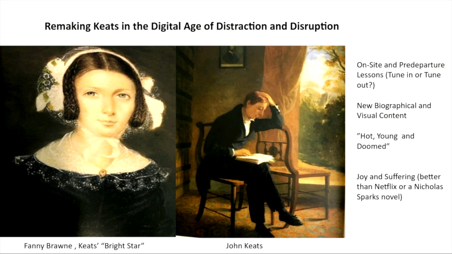And so in a desperate attempt to save his life, he goes to Rome, departs from Fanny in a very sorrowful way. And this prepares students for what they'll see in Rome. That is the Keats Shelley Memorial House and the Protestant Cemetery. This is my attempt to try to disrupt my students from Netflix or a Nicholas Sparks novel.